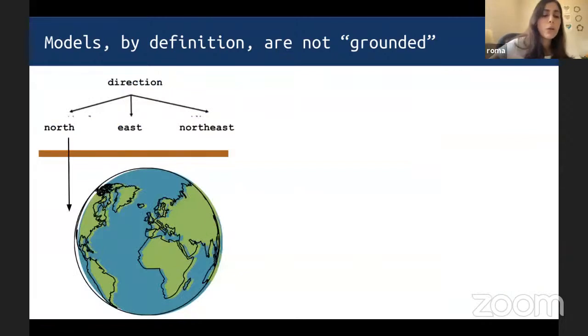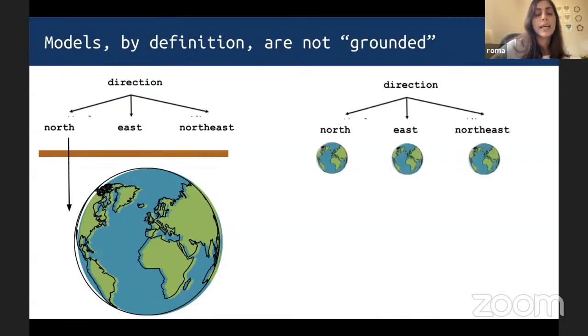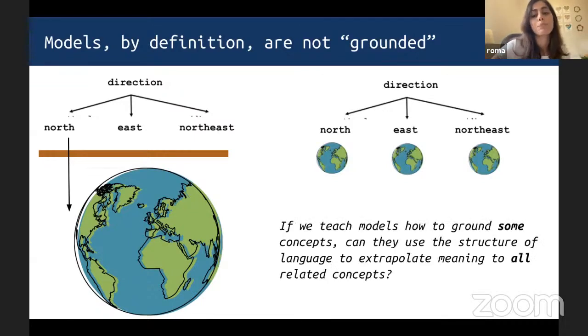So similarly, given that language models do know the relation between words to some extent, what we want to see is if we can ground one word, for example north, and show a language model what it means to be the word north in the world. Does that mean it can also learn to use the structure between words to ground similar related words within that same conceptual category? For example, words like east or south or northeast.